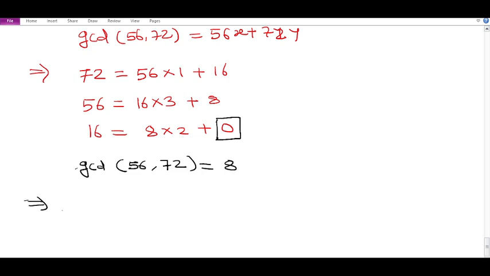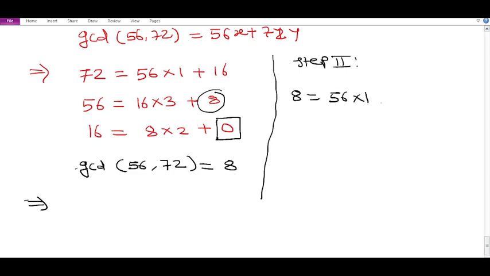Now I want to express this 8 as a linear combination. So step 2, first of all, this 8 can be written as 8 is equal to 56 into 1 minus 16 into 3.